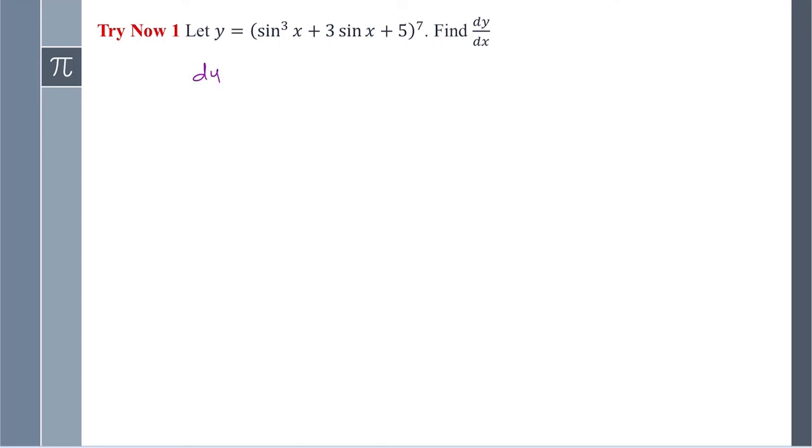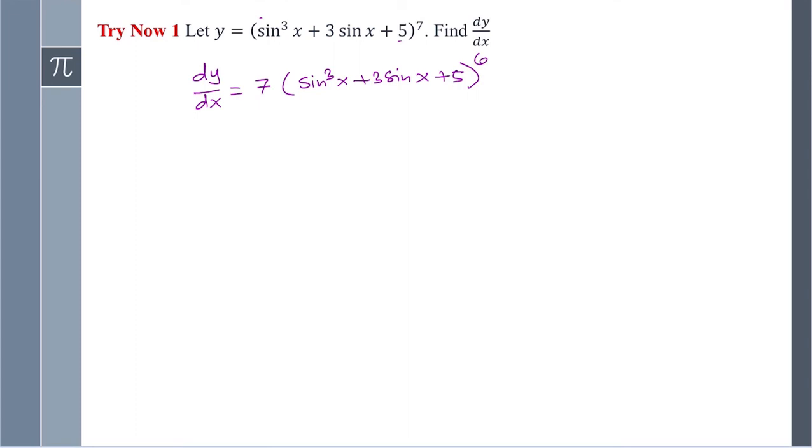So dy over dx, again, this is the inside function. The outside function is the power function with a power of 7. So what we do here is we bring that 7 down times sine cubed x plus 3 sine x plus 5 to the 6.